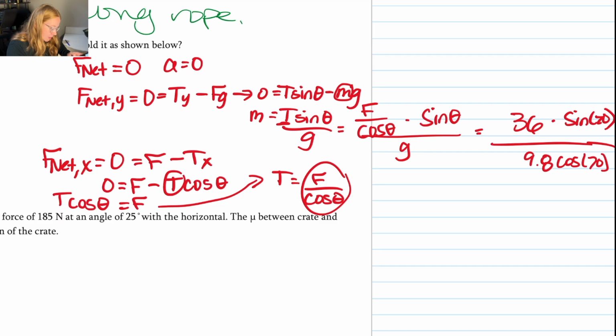So 36 times sine of 70 divided by 9.8 times cosine 70. And then we do get 10.09 kilograms for that mass.